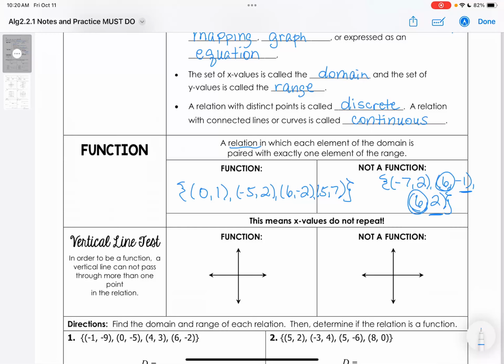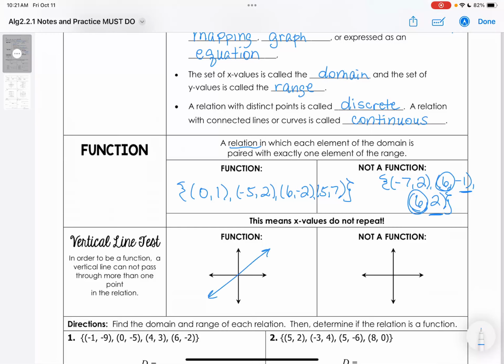So the vertical line test: in order to be a function, a vertical line cannot pass through more than one point in this relation. So here we have an example. So there's a function.